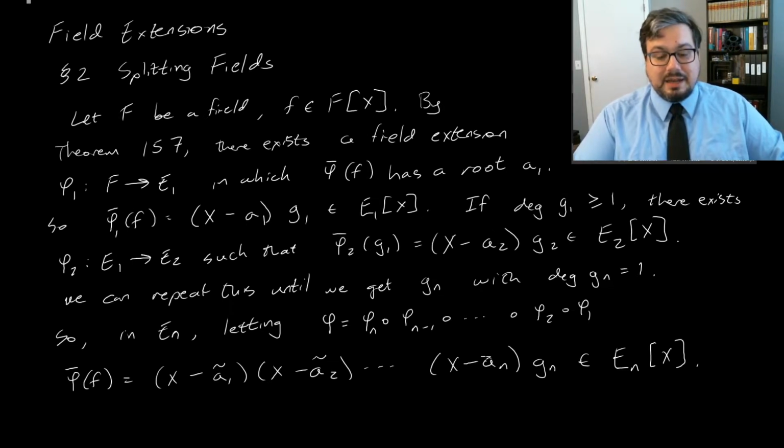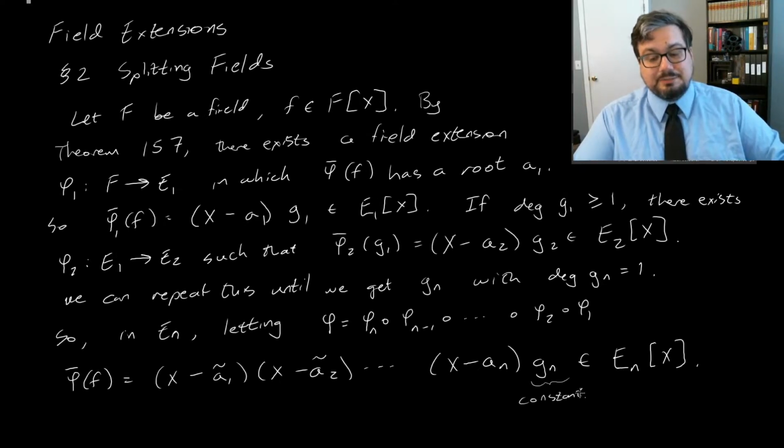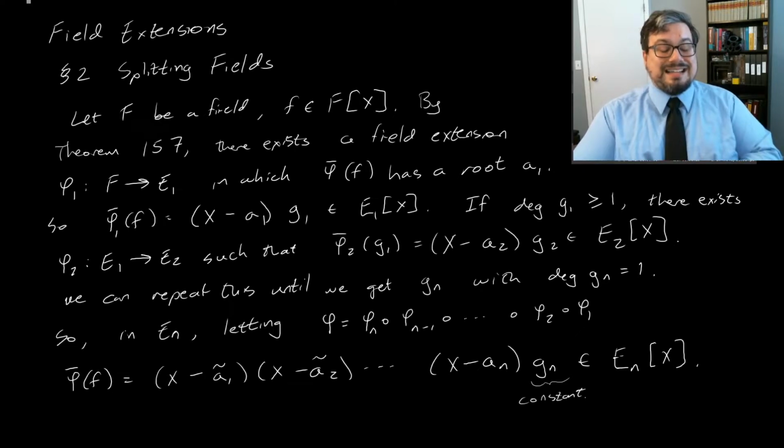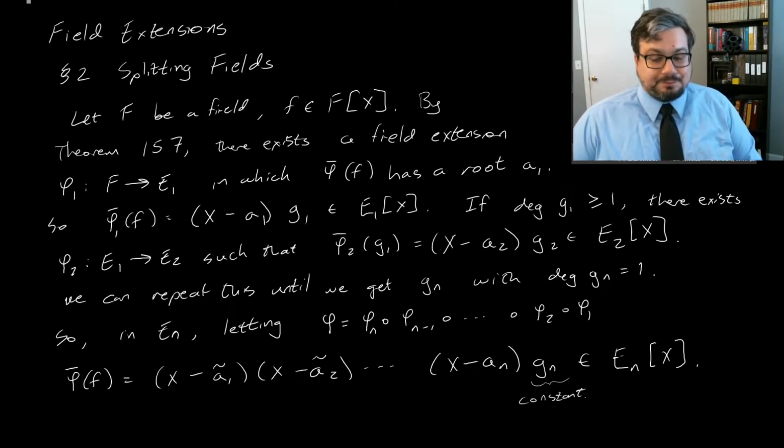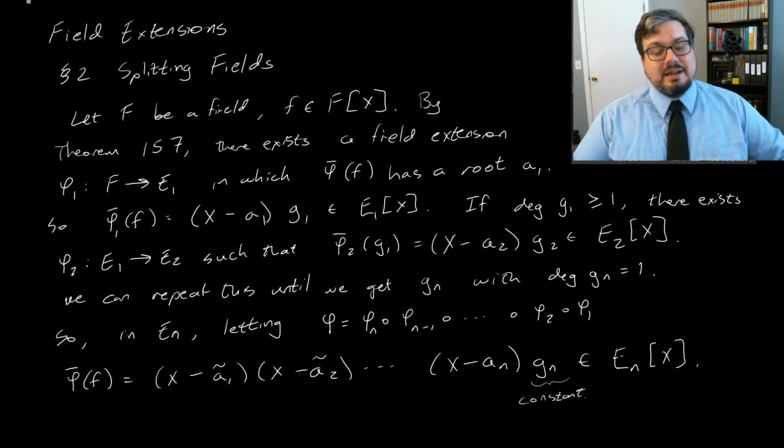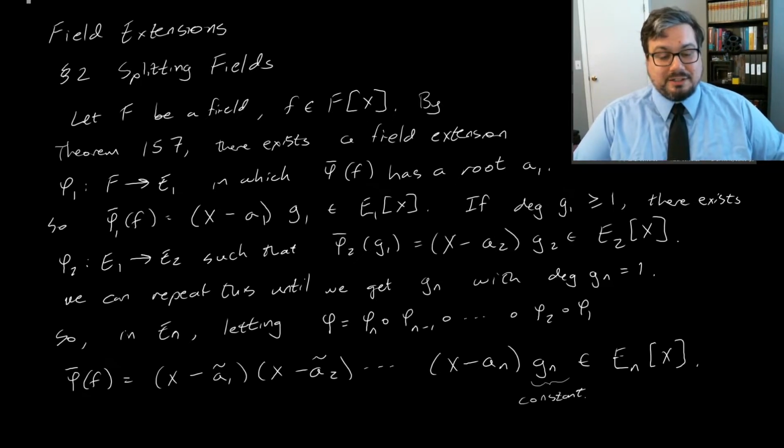Up to an. Now this an actually does belong to En originally, where this gn here is a constant. And it's going to be a non-zero constant because we started with a non-zero polynomial f, and all of these ring homomorphisms are injective.